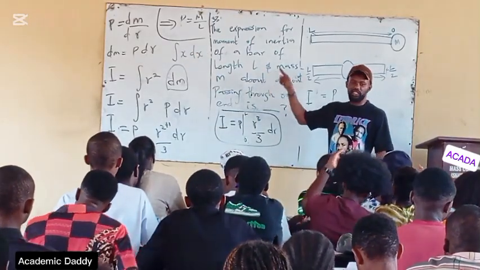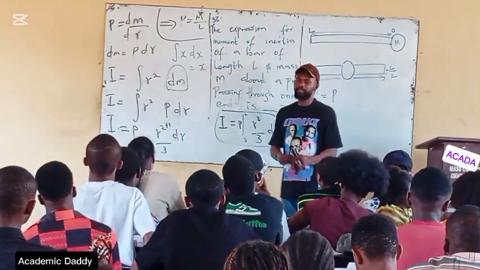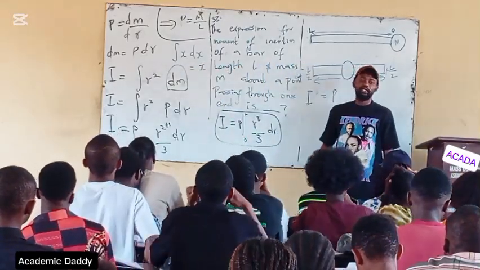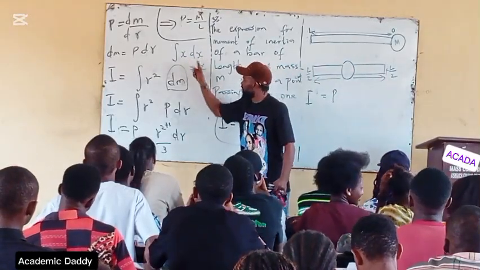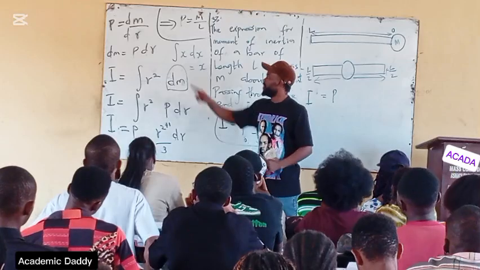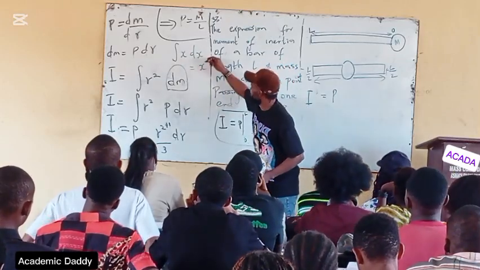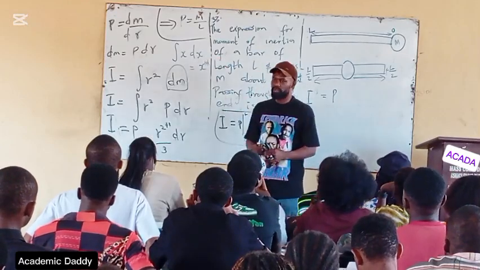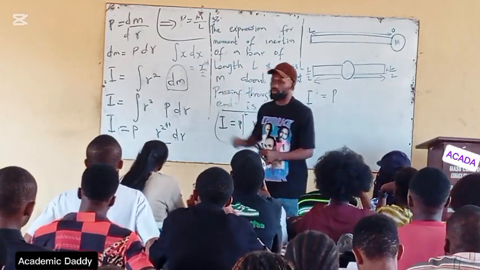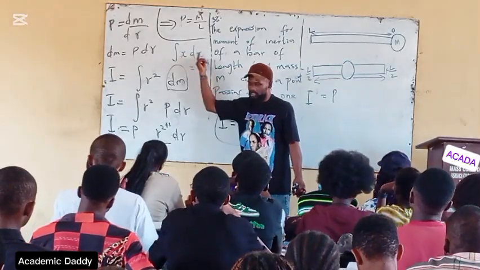Integral of x dx is simply going to be x to the power. This x has a power, which is 1. Put 1 here, then add 1 to it, so I have plus 1. Divide by the new power, which is 2. This is the integral. Notice that I just brought out the x because it's with respect to x.